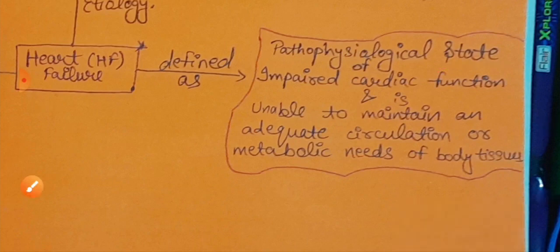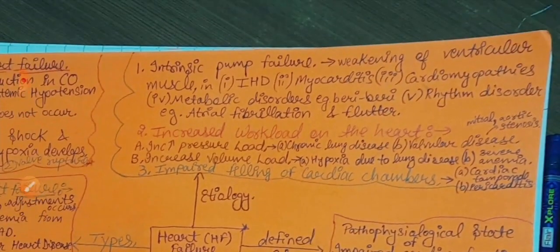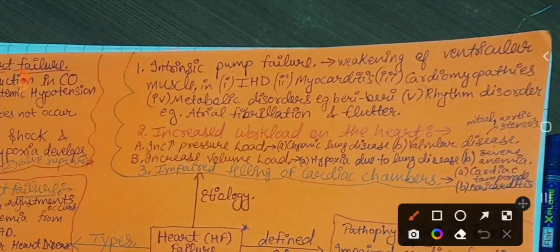After the definition, there is etiology. In etiology, firstly we have the main cause of heart failure, the intrinsic pump failure, the weakening of the ventricular muscles. The ventricular muscles become weakened, and the causes are firstly ischemic heart disease, then myocarditis, the inflammation of the myocardium of the heart, cardiomyopathy, metabolic disorders like beriberi, and rhythmic disorders of the heart like atrial fibrillation and flutter.